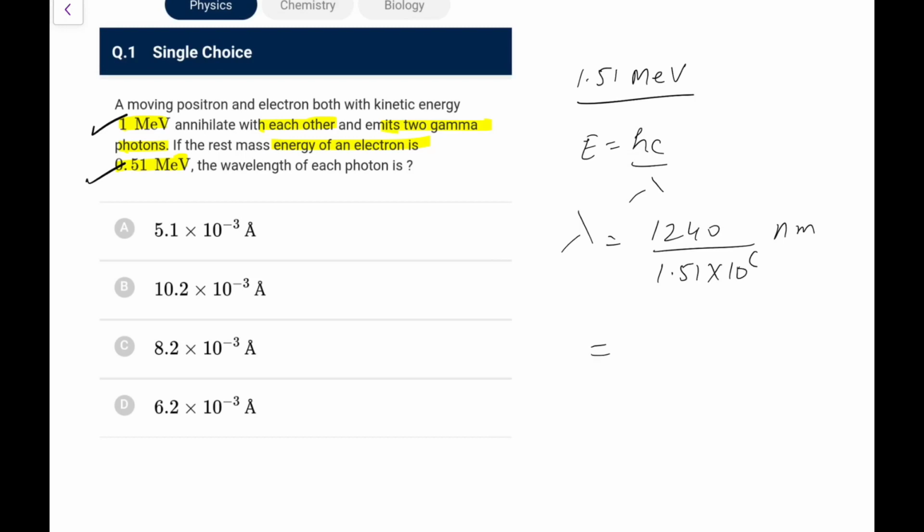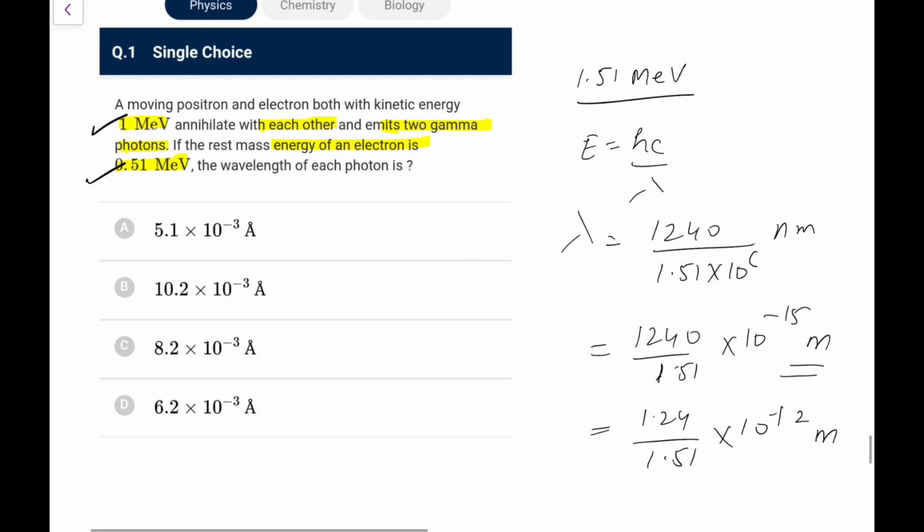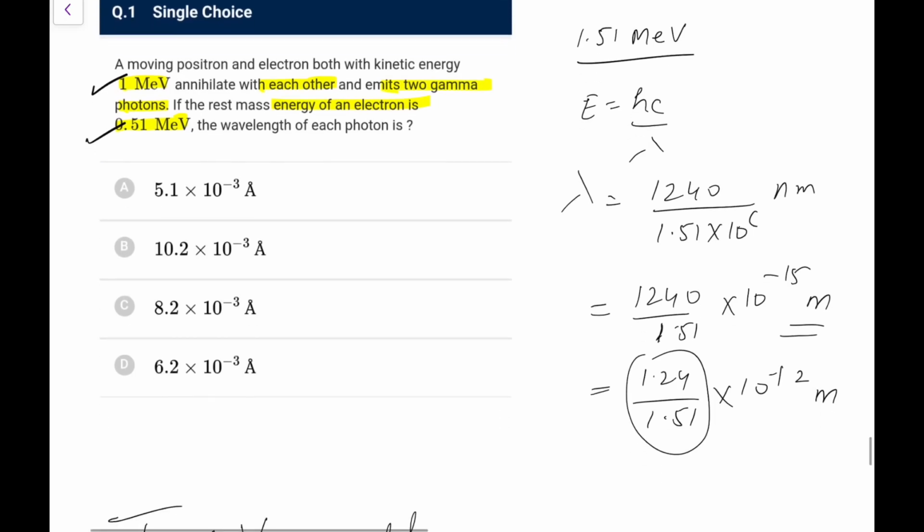So 1240 upon 1.51 into 10 to the power 6 nano, so it would be 10 to the power minus 15 meter. If I convert it, it would be 1.24 upon 1.51, it will become 10 to the power minus 12 meters. And this is approximately 0.8, I suppose. So it would be 8.2 into 10 to the power minus 13, that is minus 3 angstrom. I think that would be the right option.